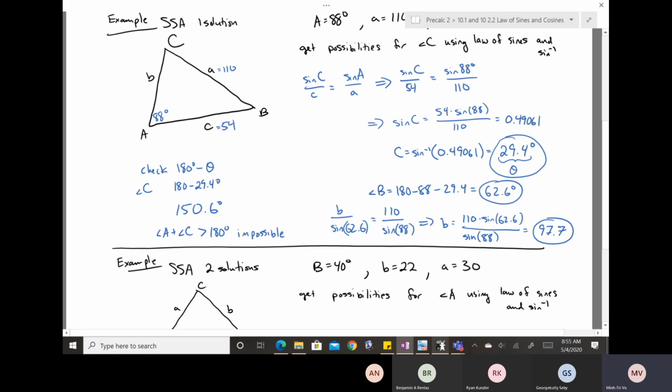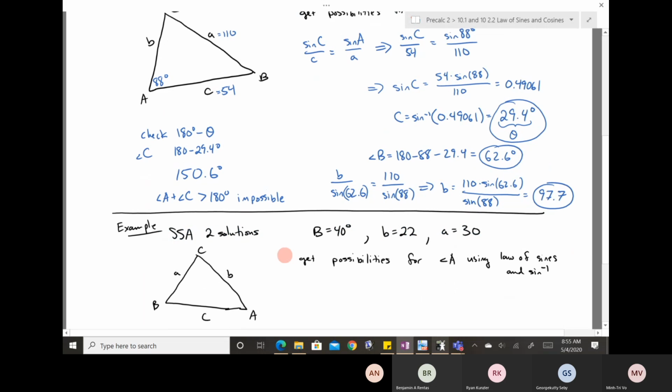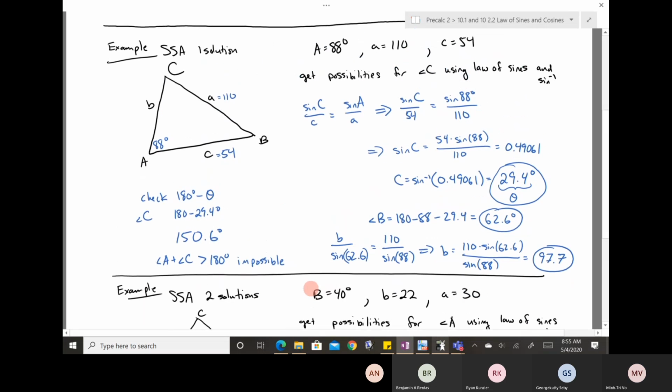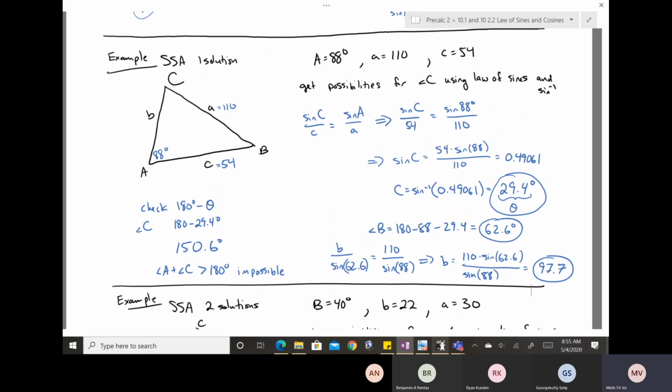So you see between A, B, and C, A is biggest, then B is second, and then C is smallest. In terms of the angles, A is the biggest angle, then angle B is the second, and then angle C is the smallest. Okay, so that's the case where we have one solution. So any questions on this example?